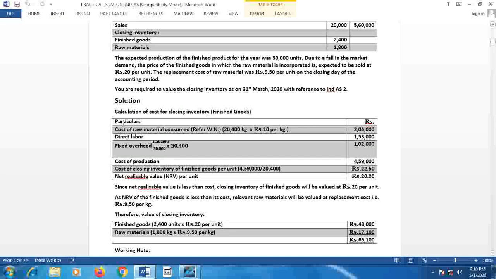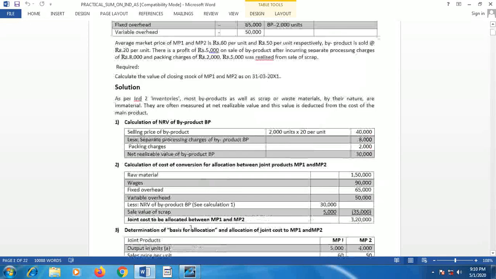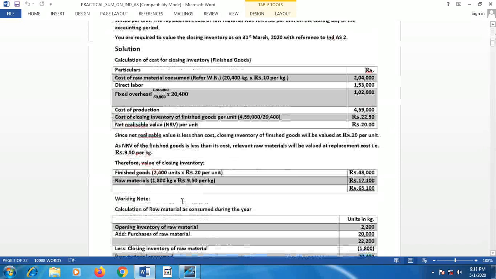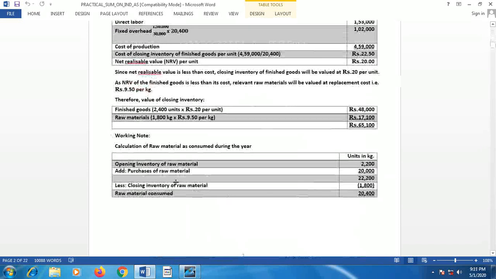Now, regarding the raw materials, the principle is cost of raw material or the expected replacement cost, that is 9 rupees 50 paise, whichever is lower. So raw material remaining is, as per the problem, 1,800 units. So 1,800 kgs into 9 rupees 50 paise, that is the replacement cost.